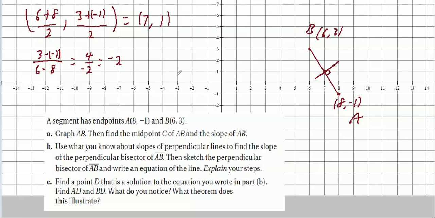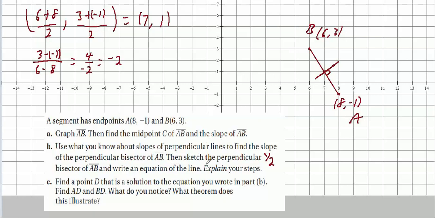So the reciprocal is 1 over minus 2. The negative of that would just be 1 over 2. So we should get 1/2. So the slope is 1/2. But now they want to do something harder. They want the equation of the line.